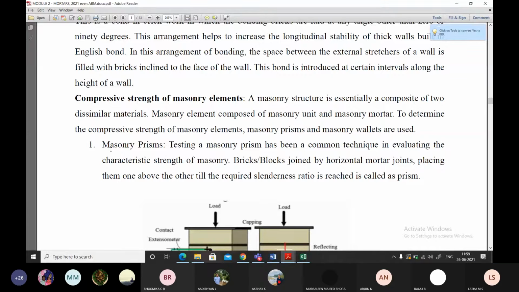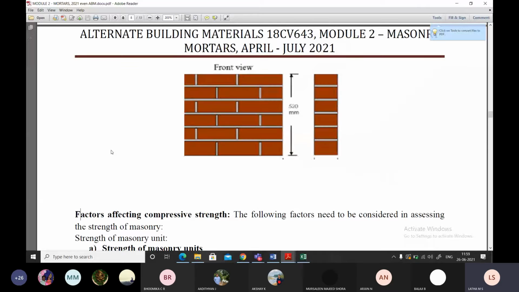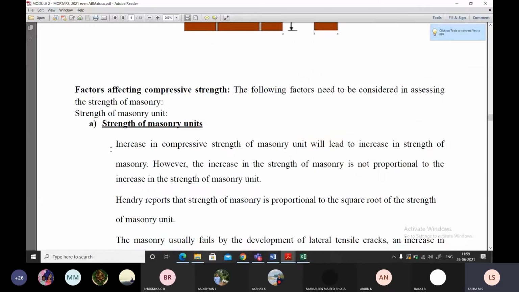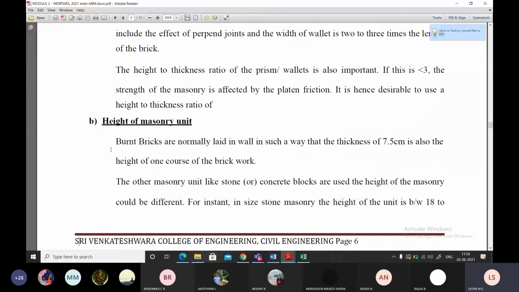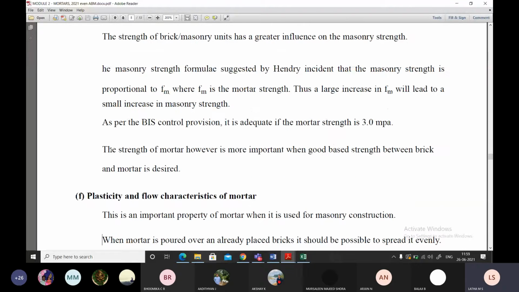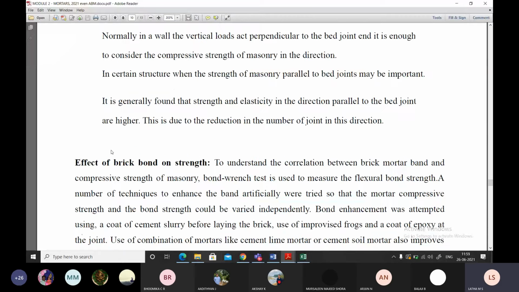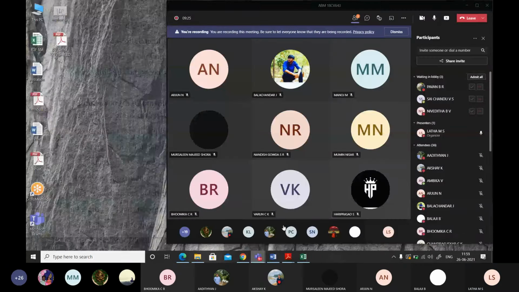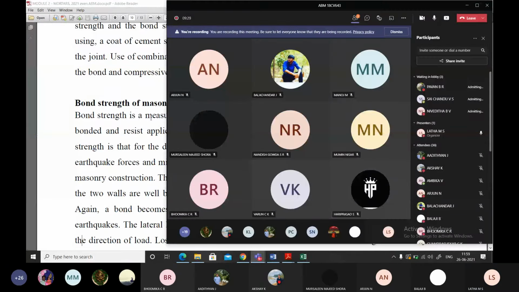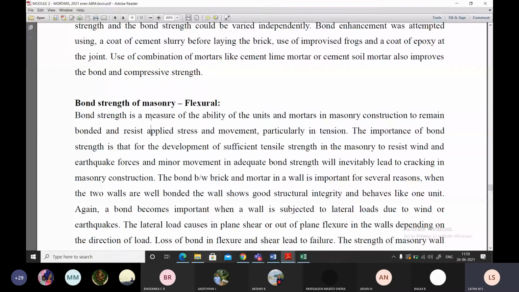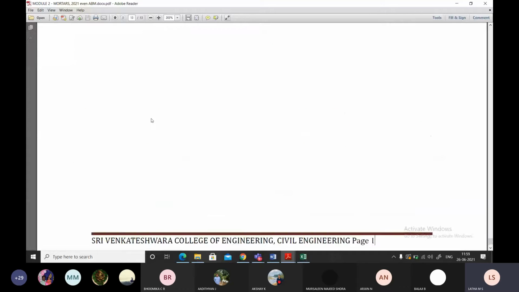Then it goes with the factors affecting compressive strength. Then further down, the effect of bonding, then flexural test and shear test, and the elastic properties.